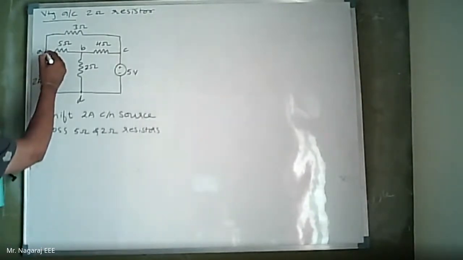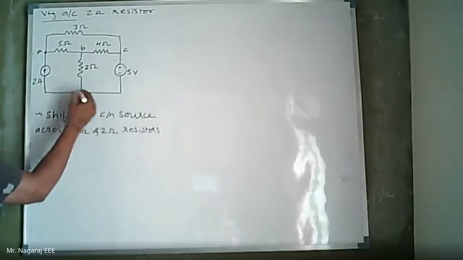Now how do I have to shift? There is one thumb rule we have discussed: whenever I am shifting the current source, we should observe the original nodes to which the current source is connected. The original nodes are node A and node D, and observe how the current of this source enters or exits these nodes.